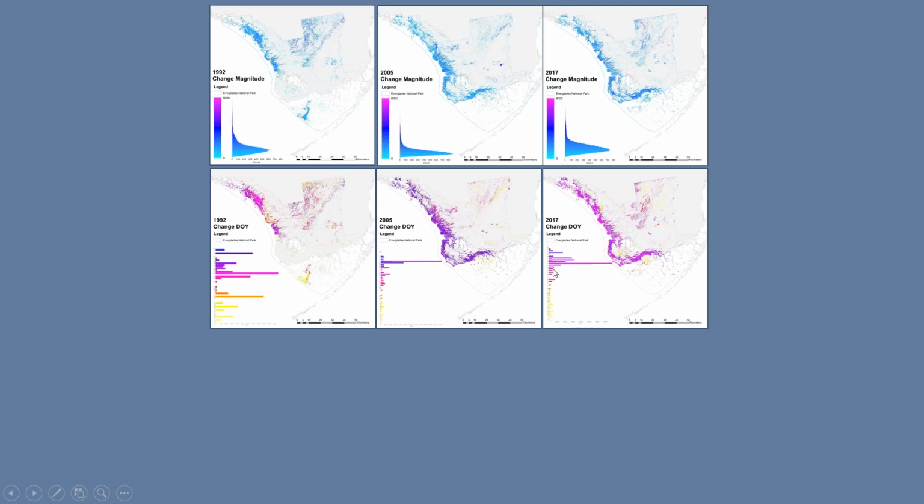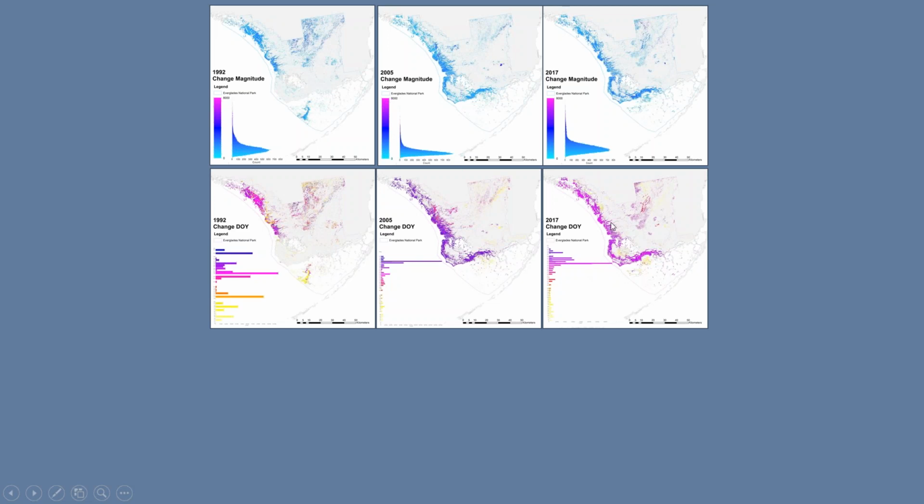And although you can't read the axes on these, and I'm sorry for that, the higher spikes really show the amount of damage, like for example in 1992, the amount of change that was identified for disturbance that occurred at this point in time. And there were multiple events in 92. There was more of a singular event in 2005 and a singular event in 2017.